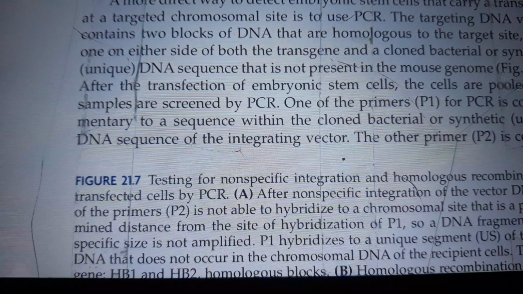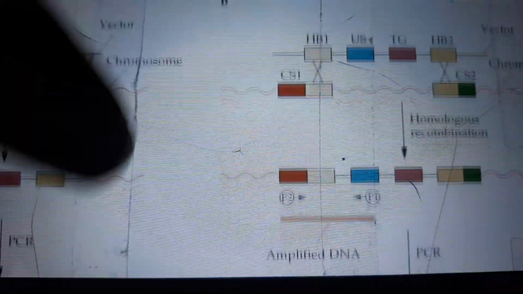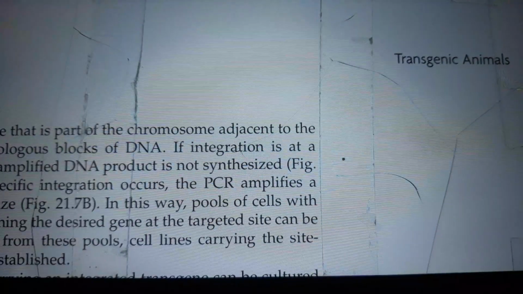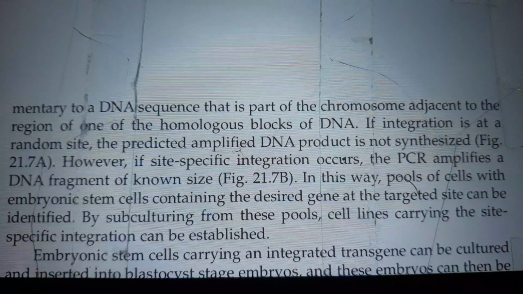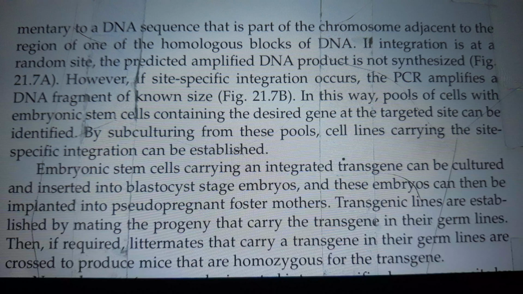The other primer, P2, is complementary to a DNA sequence that is part of the chromosome adjacent to the region of one of the homologous blocks of DNA. If integration is at a random site, the predicted amplified DNA product is not synthesized. However, if site-specific integration occurs, the PCR amplifies a DNA fragment of known size.